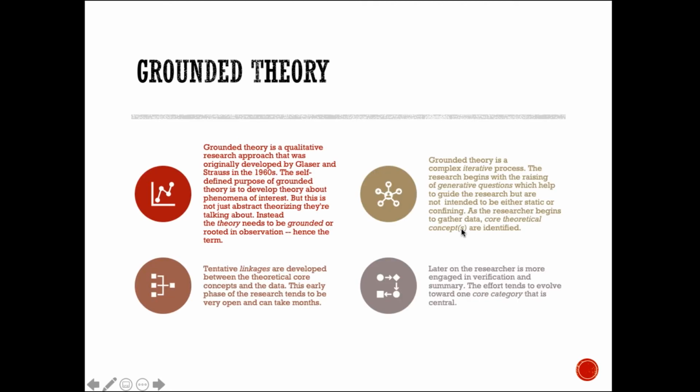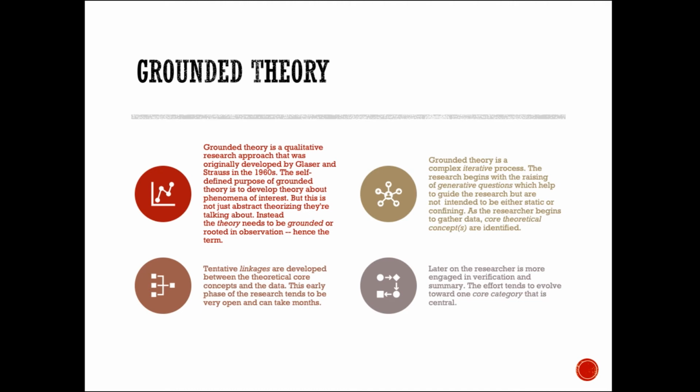Grounded theory is a qualitative research approach that was originally developed by Glaser and Strauss in the late 1960s. The self-defined purpose of grounded theory is to develop theory about phenomena of interest. But this is not just abstract theorizing they are talking about. Instead, the theory needs to be grounded or rooted in observation.